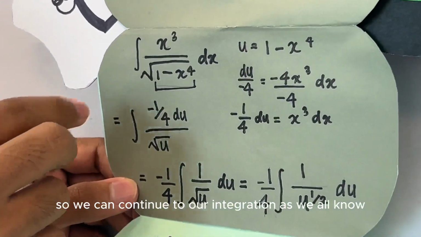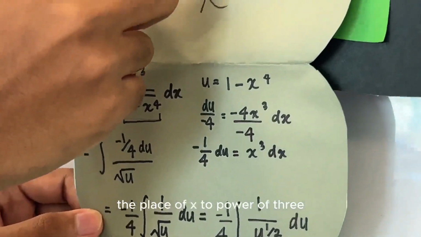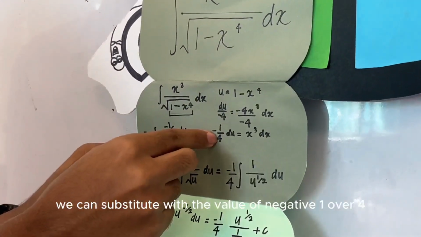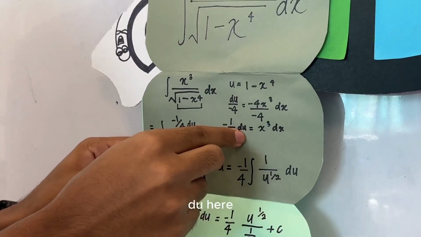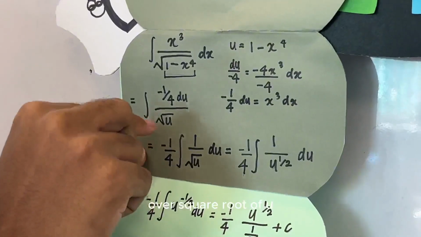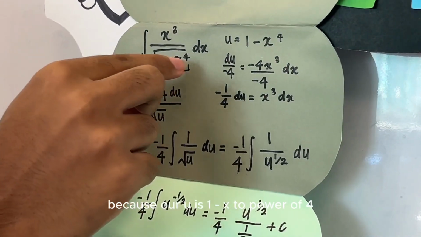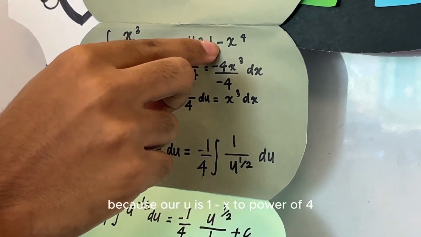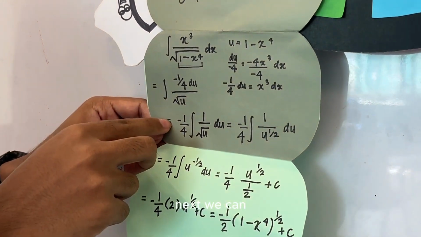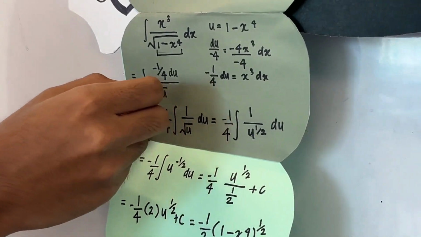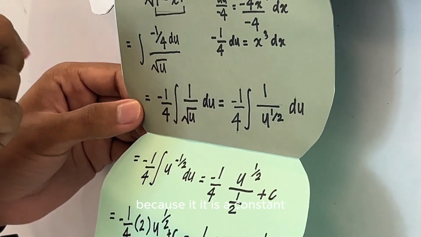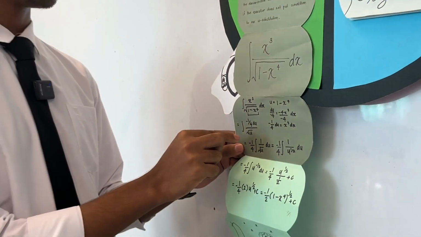As we all know, in place of x to the power of 3 dx, we can substitute the value of negative 1 over 4 du here, over square root of u, because our u is 1 minus x to the power of 4. Next, we can take out the negative 1 over 4 because it is a constant.